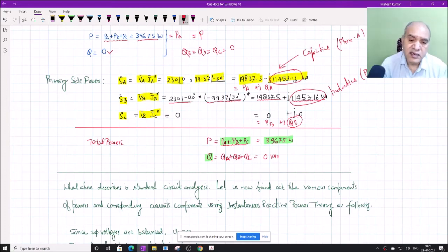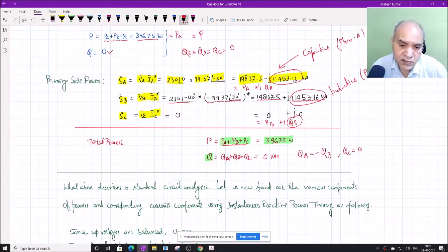Then we see here the net reactive power is equal to 0, because QA equal to minus QB and QC equal to 0. If we sum them, then it becomes 0. So if you look at it as a whole, then there is no difference. Primary side, same real power and 0 reactive power, and secondary side, same real power and same net reactive power. But if you look phase wise, then they are different.